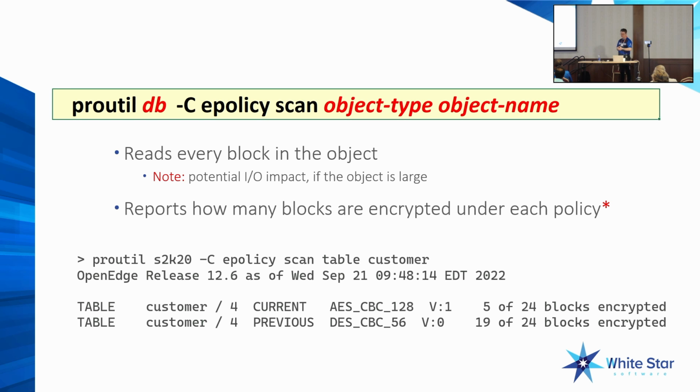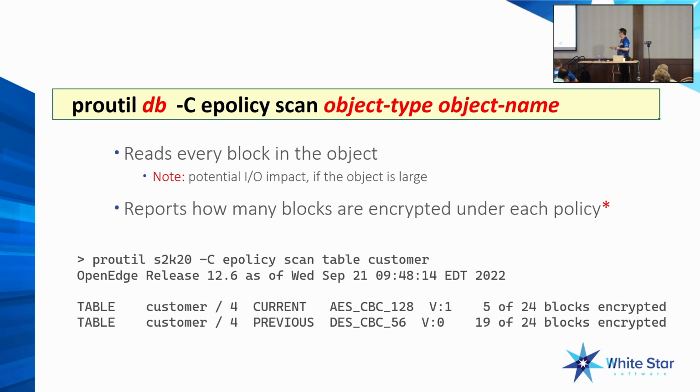So next up is the pro-utility policy scan. Note that it reads every block in the object that you're scanning. So if it's a very large object, you're going to have some I/O impact there. And it reports how many blocks are encrypted under each policy. So here's an example of a customer table. It's table number 4.